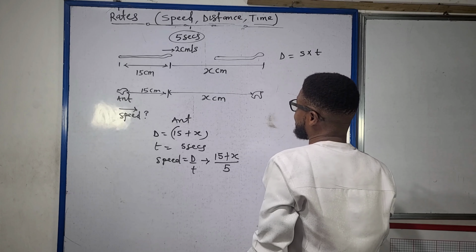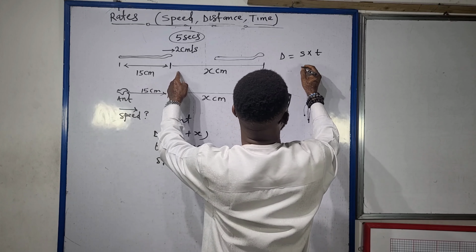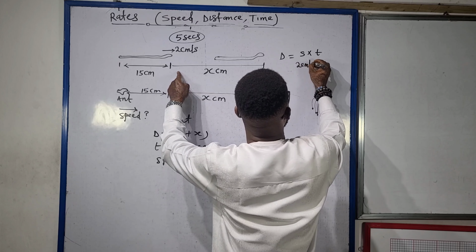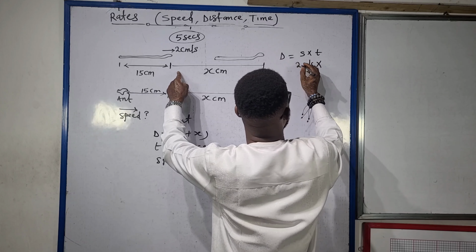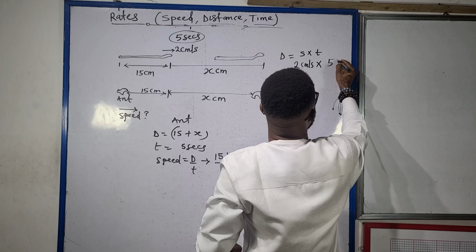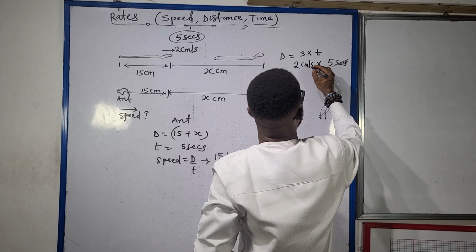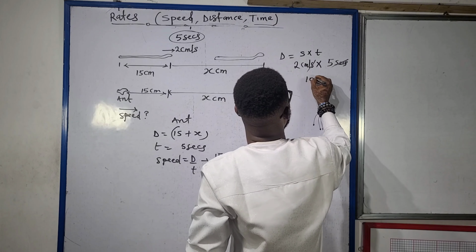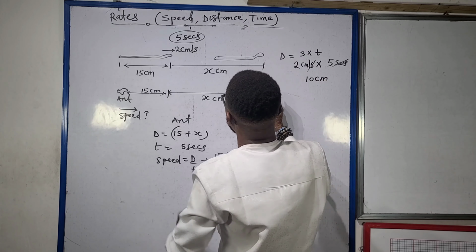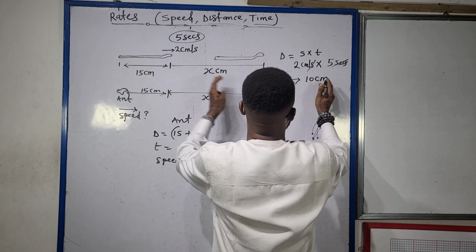The speed is 2 centimeters per second times the timing. The timing is 5 seconds. We take out seconds, and that's going to give us 10 centimeters. So our x here, which is the distance, is 10 centimeters.